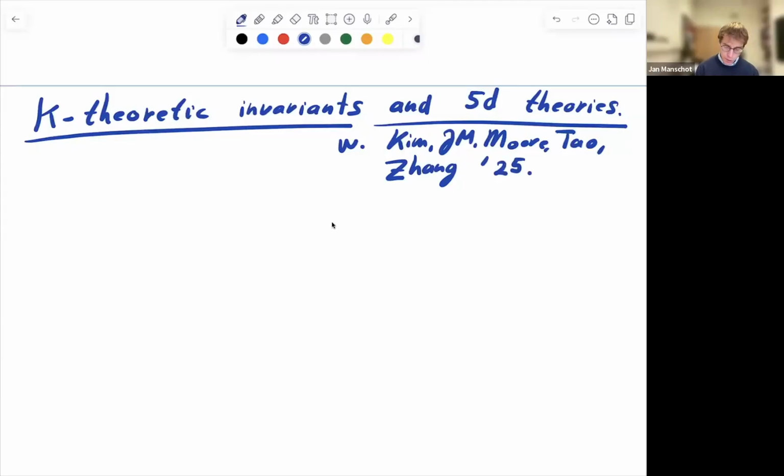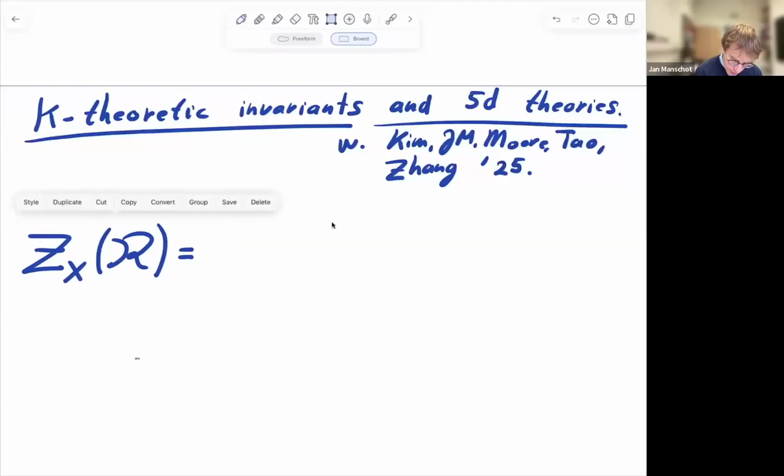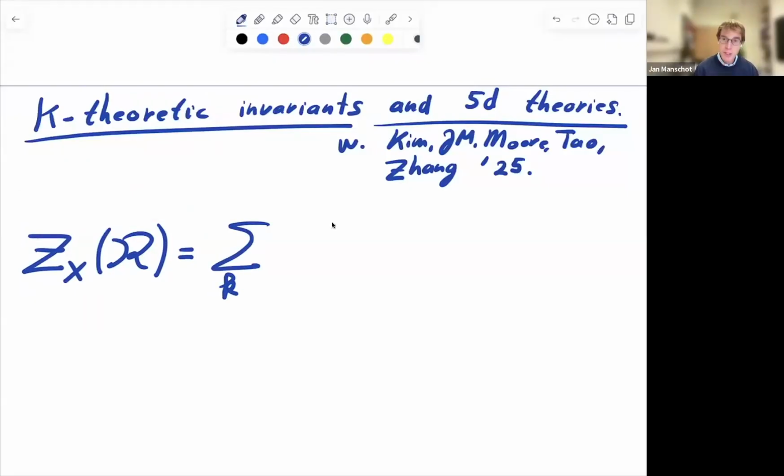Just to start with the generating function, as considered on the math side. Again, we consider a four-manifold X. Now, as a generating variable, we use a curly R. I will explain the relation to physics in a second. On the right-hand side, as we have seen before, we get a sum over the instanton numbers k.